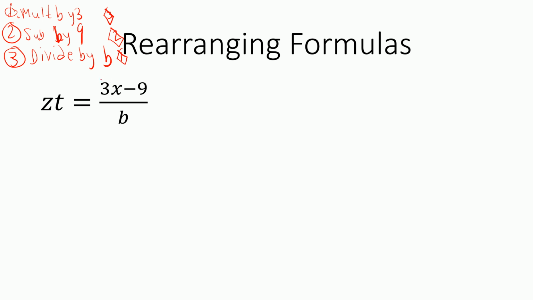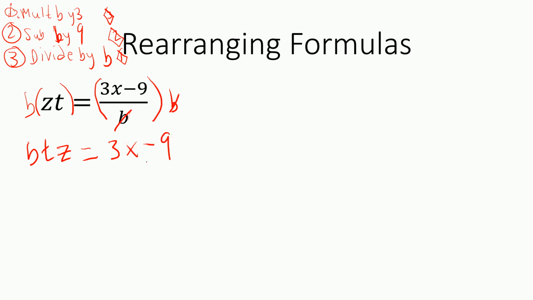So we're going to multiply by b, and we're going to multiply both sides by b. And the thing is, when I have just a bunch of variables, I just list them. Usually I like to list them in alphabetical order, but the whole point of multiplying by b was to cancel out that division by b, and now I have 3x minus 9. And now I can undo the second step, which is to add 9.